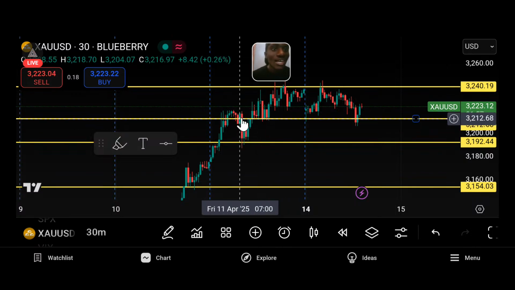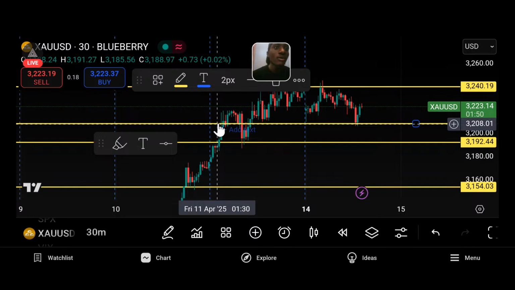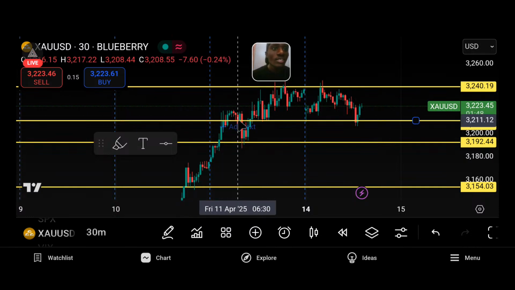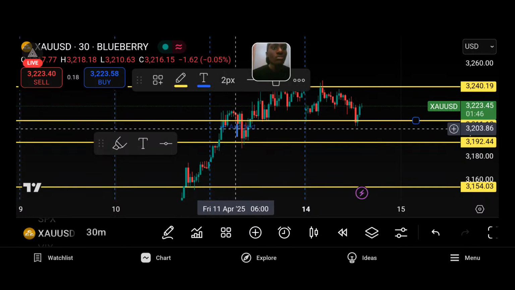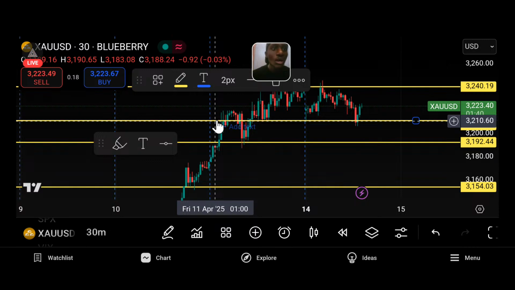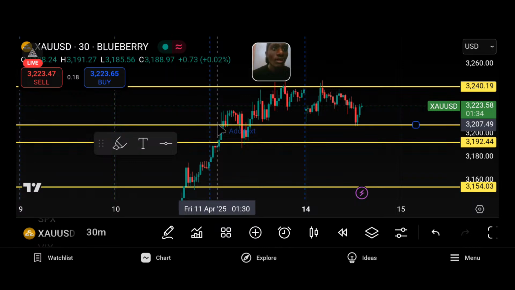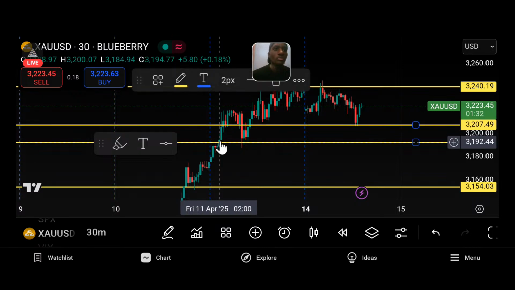So let me adjust my resistance right here to be at this level. The reason why I adjusted my resistance is that you can see it was there, but as you move down to the smaller time frames, you'll see that they are minor levels. So I would say a closure below this support will be cool.